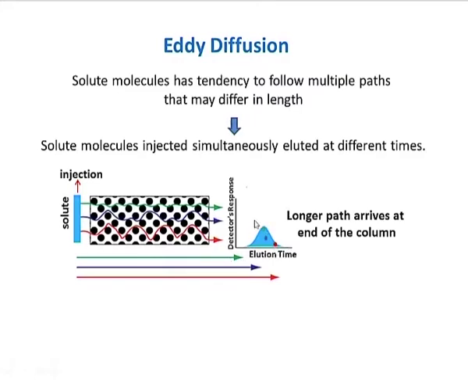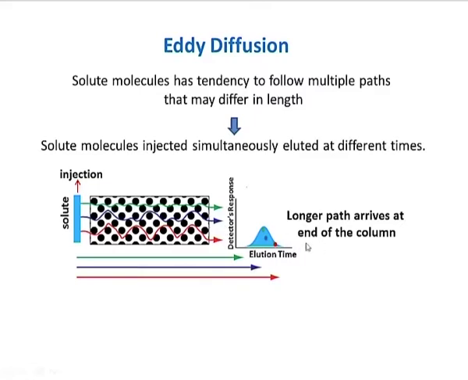Each of them would reach the chromatogram or the detector at a different time. It has nothing to do with the property of a solute. It has to do with the type, the packing of the stationary phase, and it is the different paths available by virtue of the stationary phase.